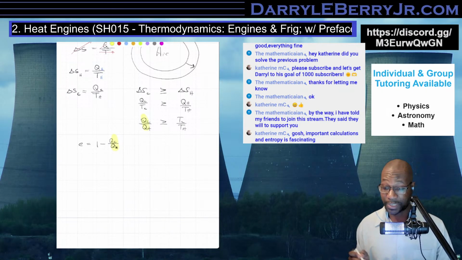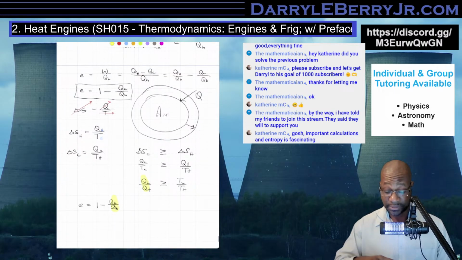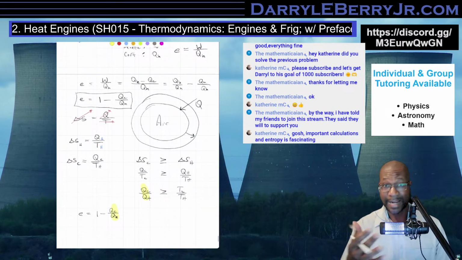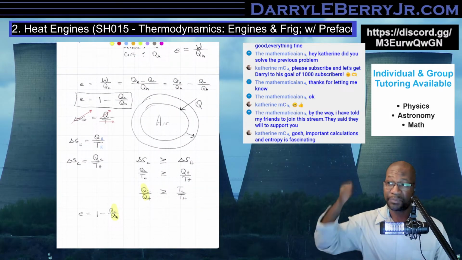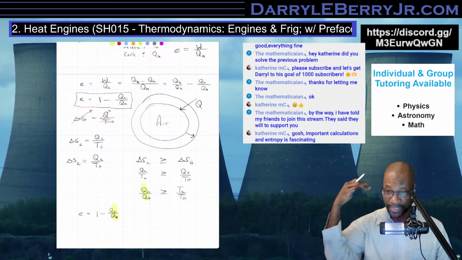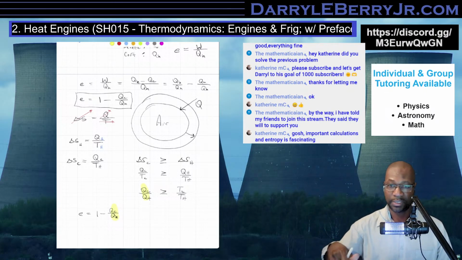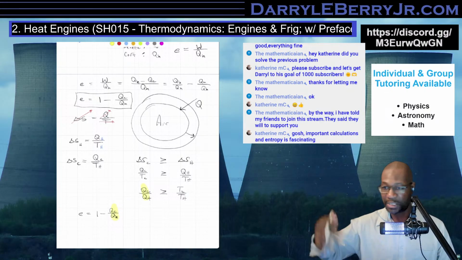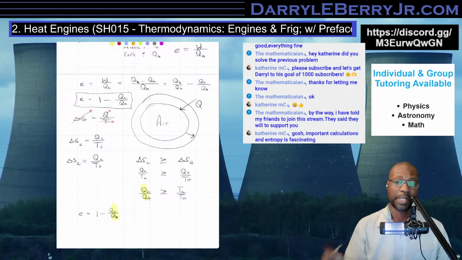Listen, Catherine, I'm glad you enjoy. And keep in mind that this stuff is, we don't realize it, but we use this every day. Every time we turn on the power on our wall that's connected to a circuit that's connected to some high voltage cables that's somewhere down the line connected to a power plant. And these equations went into determining the efficiency of that power plant.